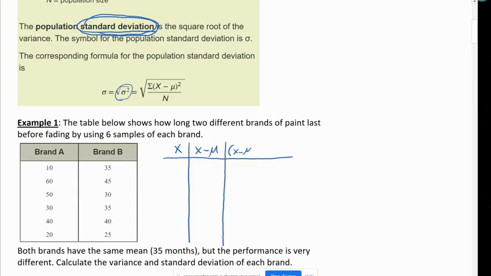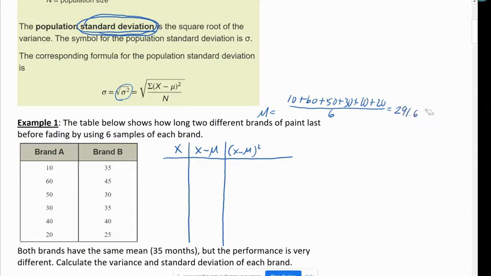So we're going to have x minus mu squared. We're going to do that for each item. So the first thing we need to do is calculate our mean. And so for this data set, if we add 10 plus 60 plus 50 plus 30 plus 40 plus 20 and divide by 6, we have 6 data items.